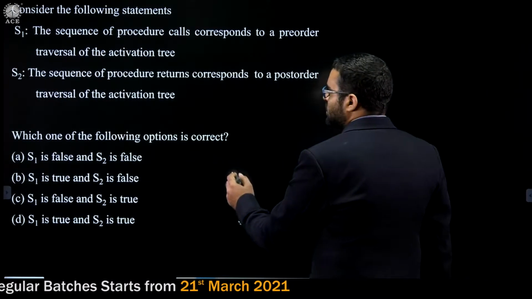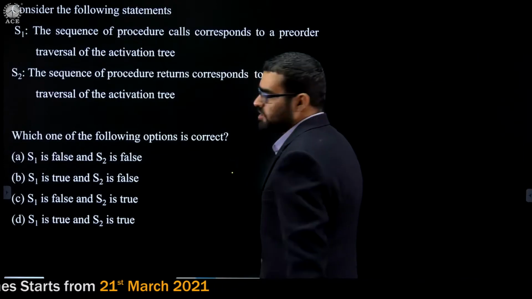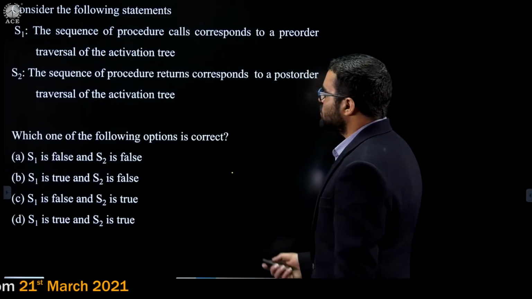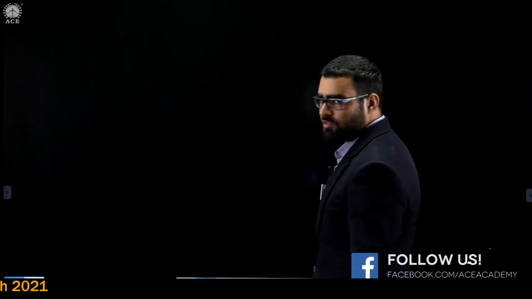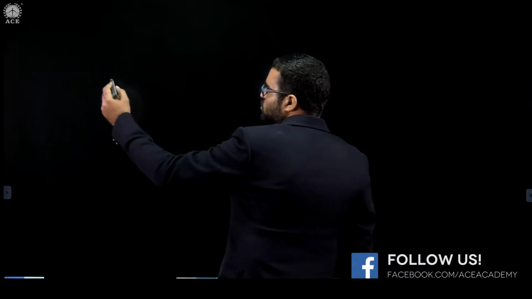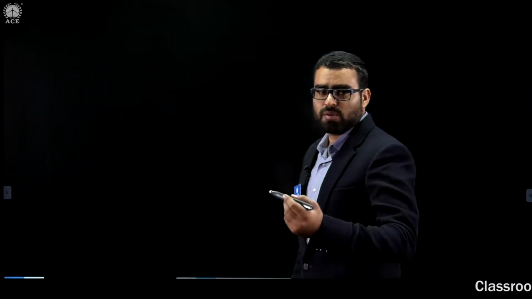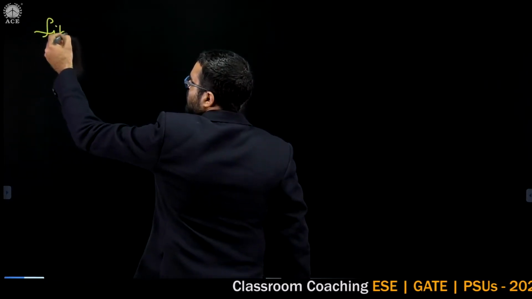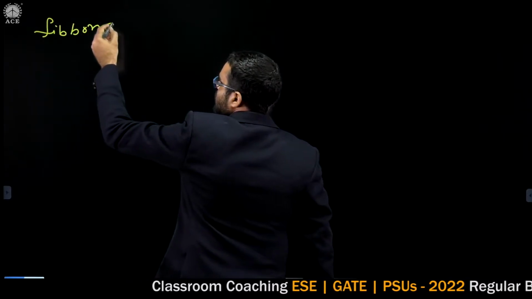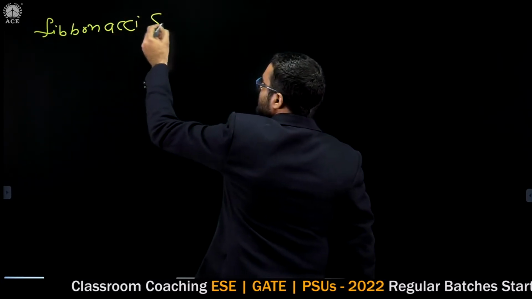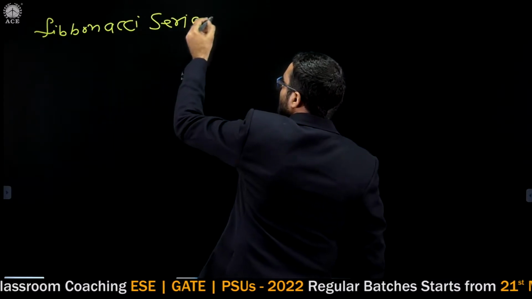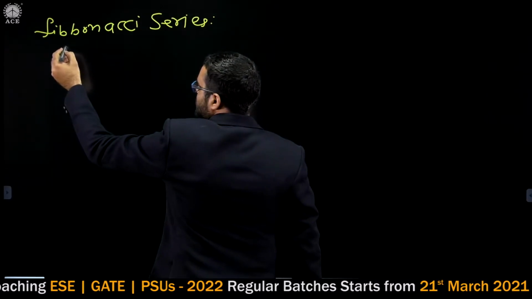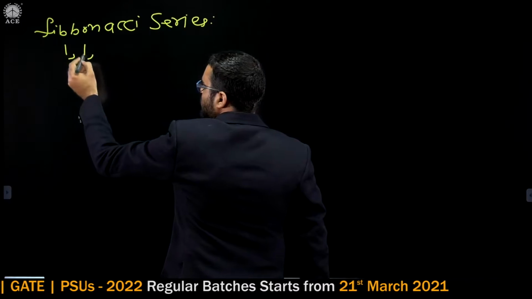Now let's see statement S1. With an example we will try to see this. Let's assume that we want to compute the Fibonacci series. In this series, the first number is 1, the second number is 1.